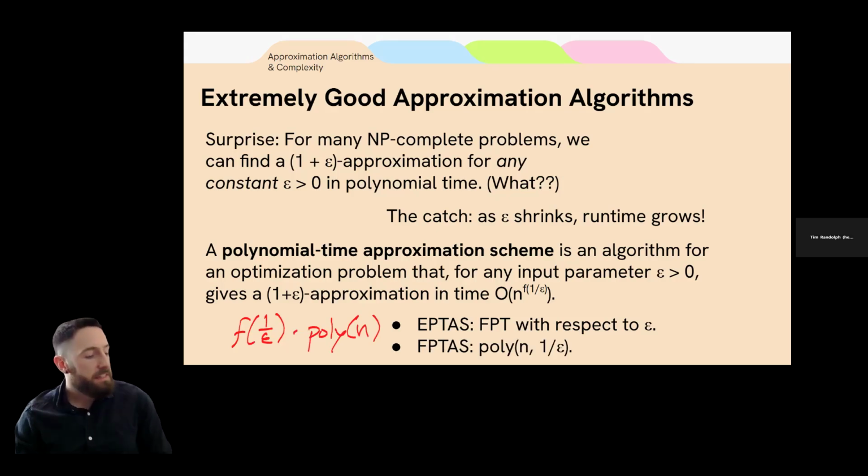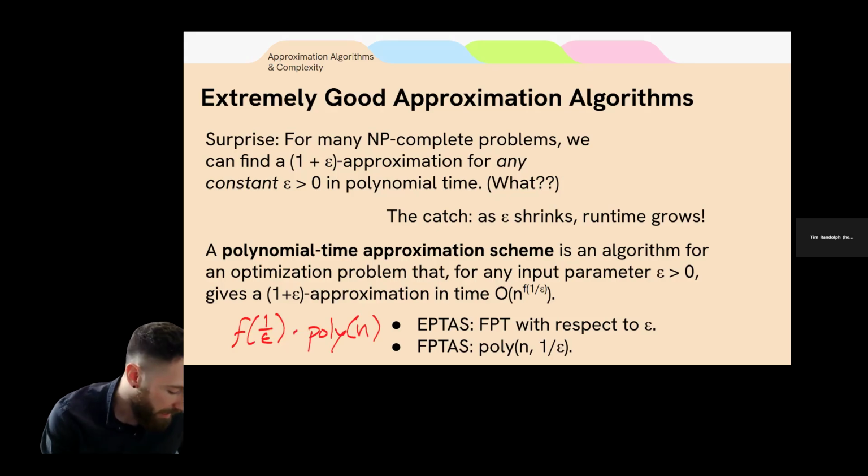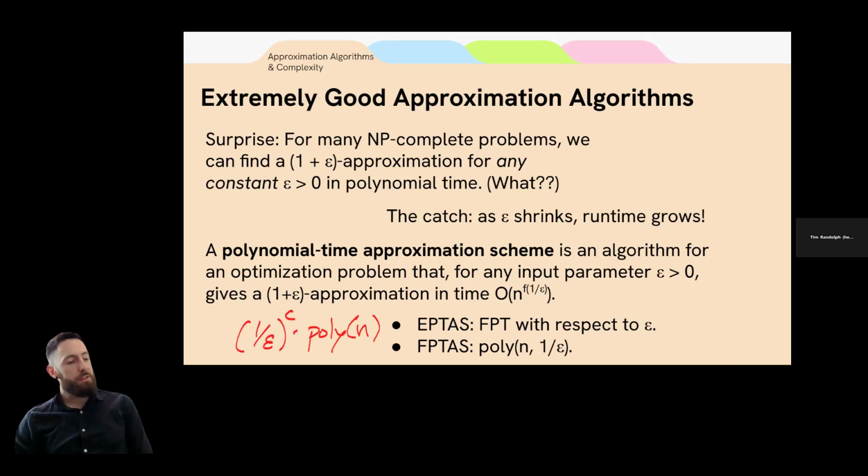And then finally, a fully polynomial time approximation scheme is fast in both 1 over epsilon and n. So for a fully polynomial time approximation scheme, you'll have 1 over epsilon to some polynomial times n to some polynomial, which essentially means as you increase n or shrink epsilon, your runtime grows in a more reasonable way.